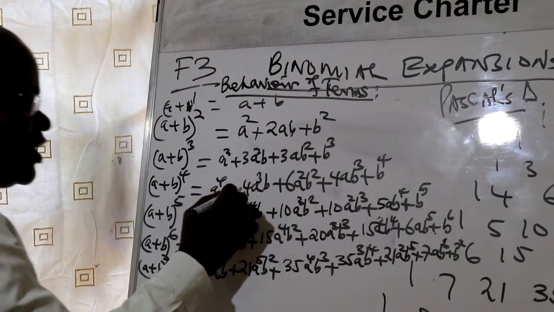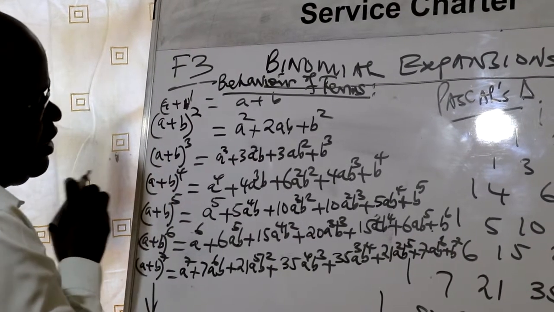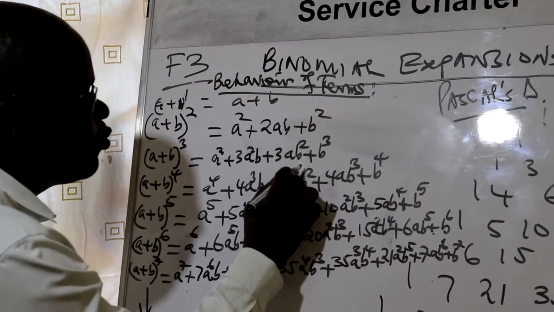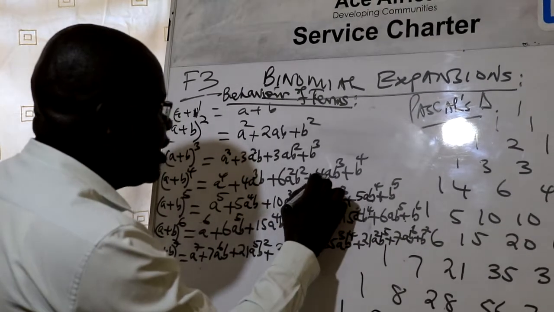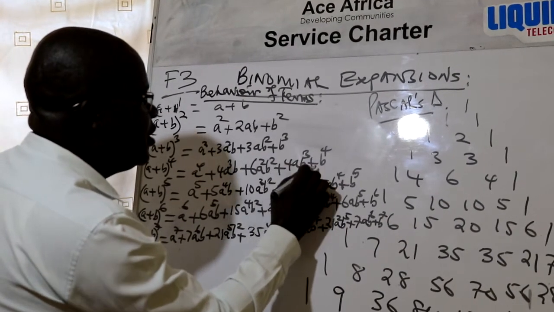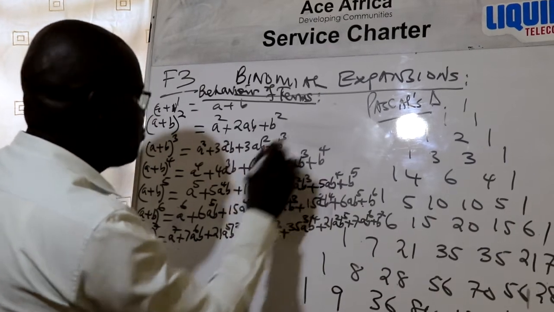In the second term, A is raised to 3, B is raised to 1. In the third term, A is raised to 2, B is raised to 2. In the fourth term, A is raised to 1, B is raised to 3, and finally A is raised to 0 in the last one, and then B is raised to 4.